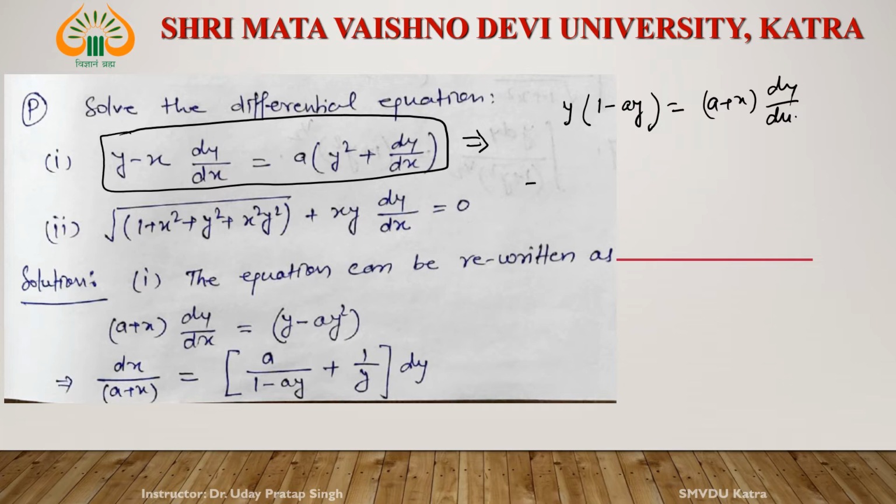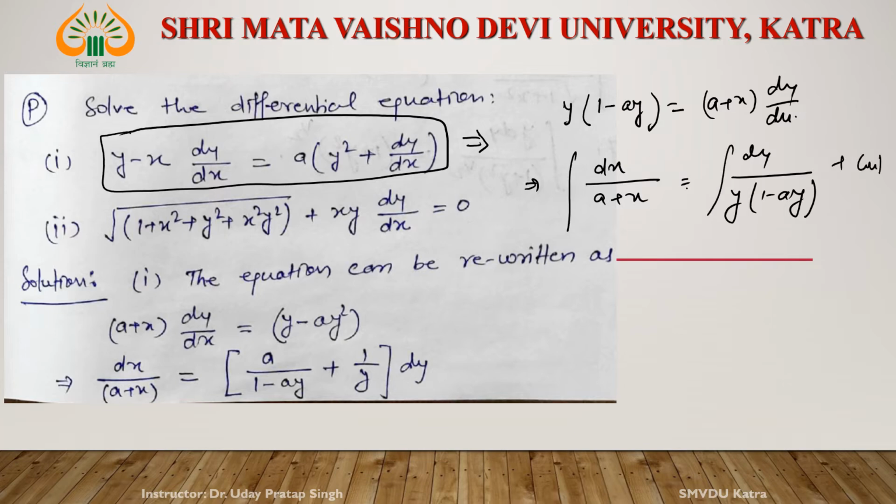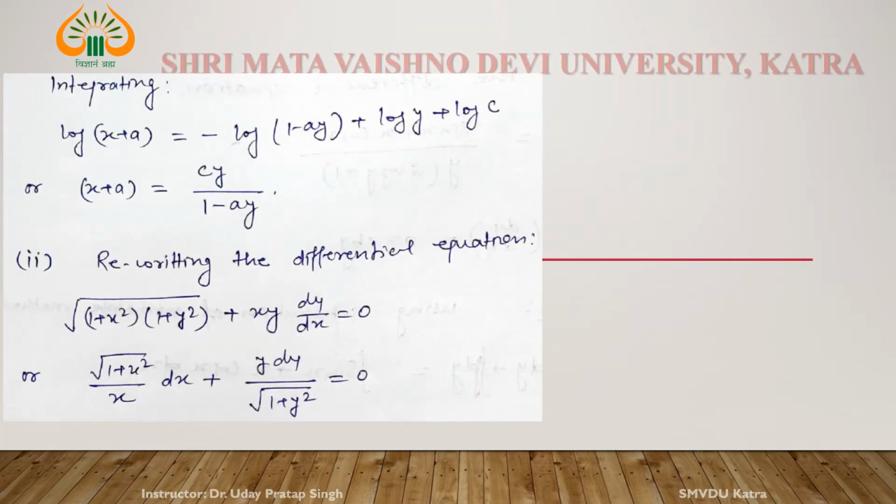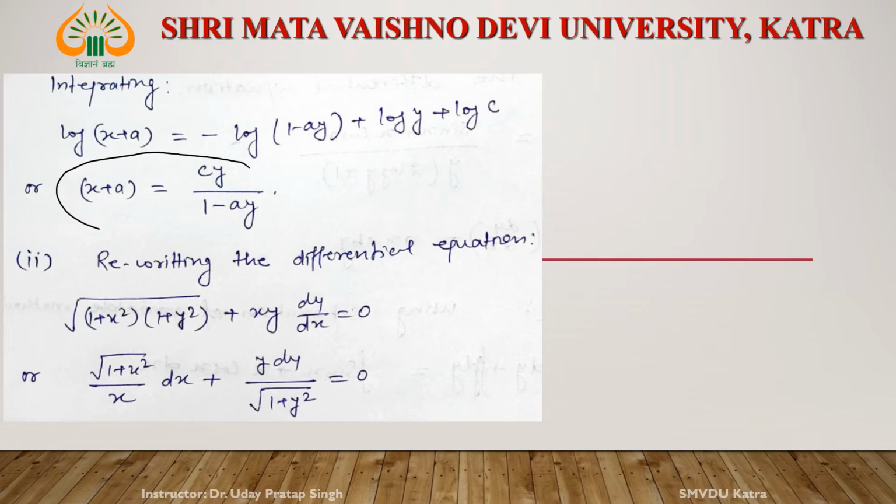So this can be written as dx by (a plus x) equal to dy by y(1 minus ay), plus constant of integration. For integrating, change 1 upon y(1 minus ay) into partial fractions and integrate it. So the partial fraction is this one. Now integrate it. So this one is the integral.